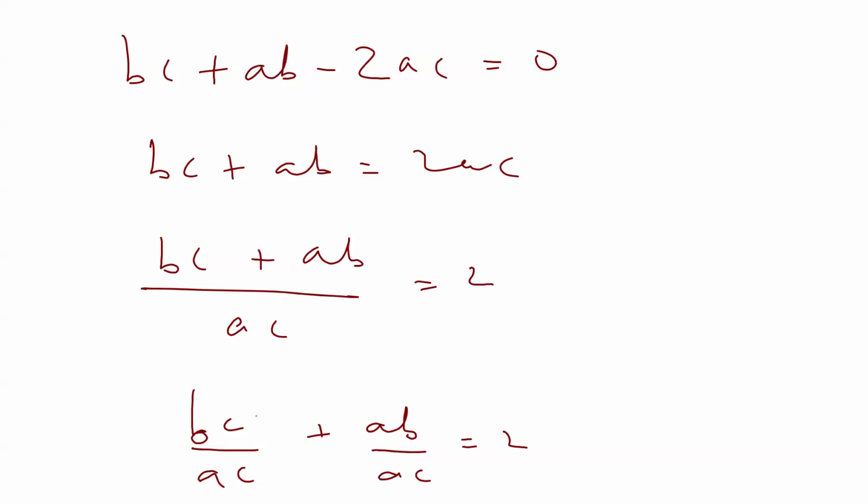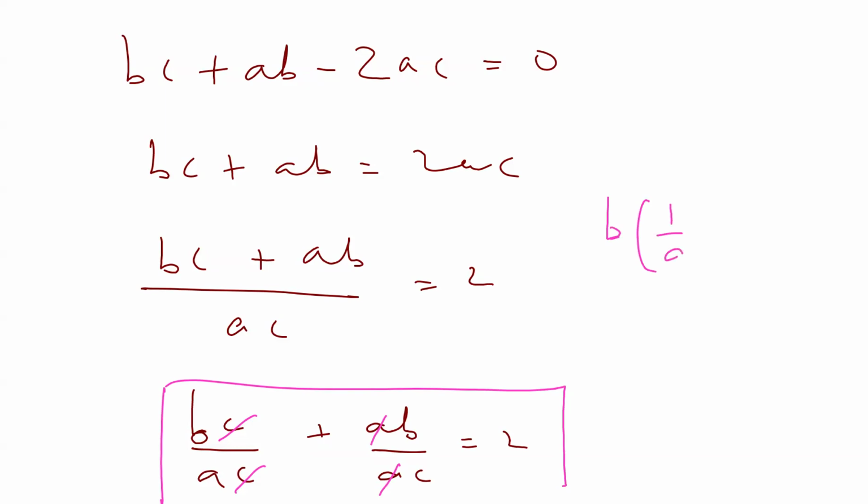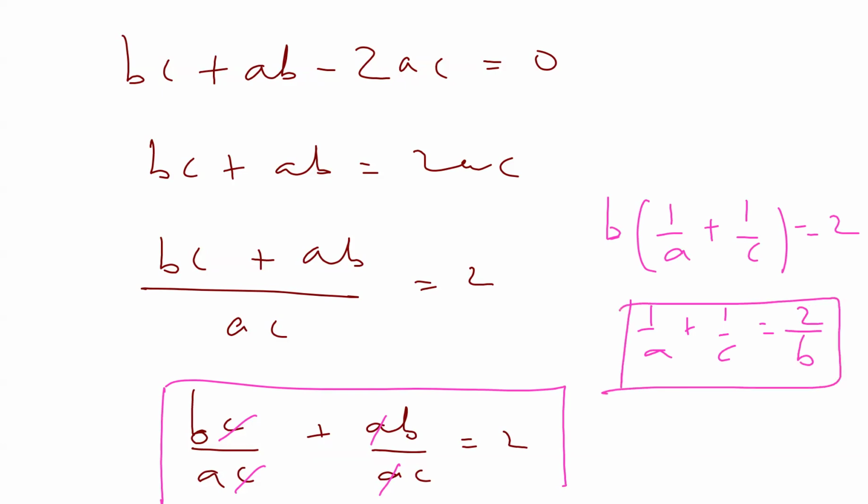Okay, cc gone, a gone, b upon a plus b upon c equal to 1. So take b common, 1 upon a plus 1 upon c equal to 2. Therefore, 1 upon a plus 1 upon c is equal to 2 by b. Fine.